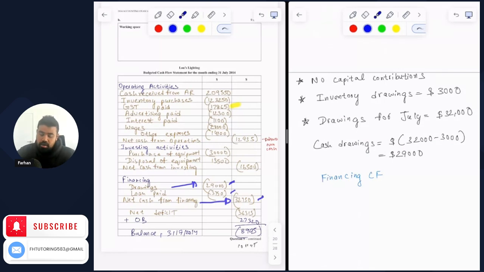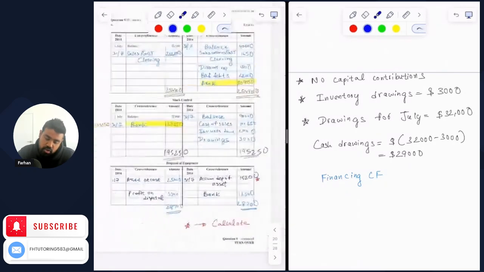So what's going on? We have negative numbers for operating, negative for investing, and negative for financing. If you add all these three together, you should get a net deficit in cash of $36,315. So during this month, you have more cash outflow than inflow, and that is $36,315 negative. Then you add the opening balance, which is $27,320 positive, referring to an asset.